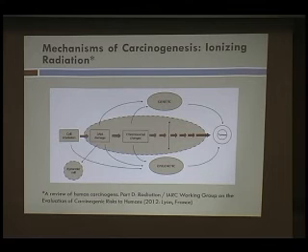This is just another schematic. You remember at the beginning when I talked about the biological effects and essentially how ionizing radiation can affect DNA? So this is just kind of a continuation. Again, this is a possible path, but it's not a 100% this is going to happen path. There's lots of other factors.